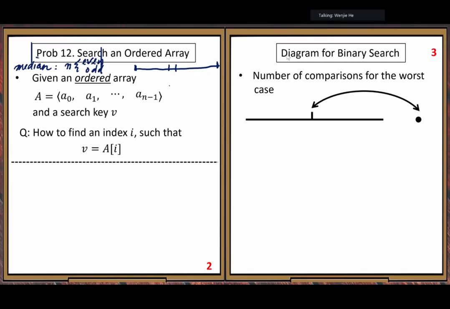How can you say one is a better one for the median than the other? So these two, people call this one left median, and that one right median.